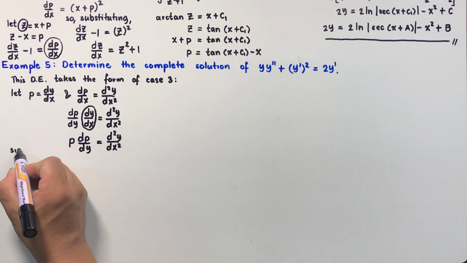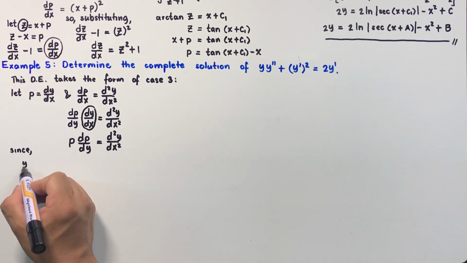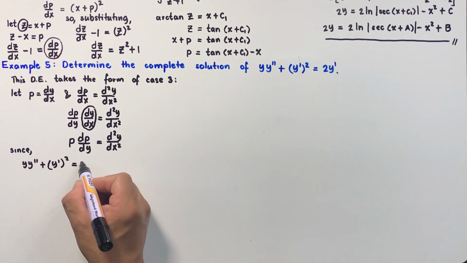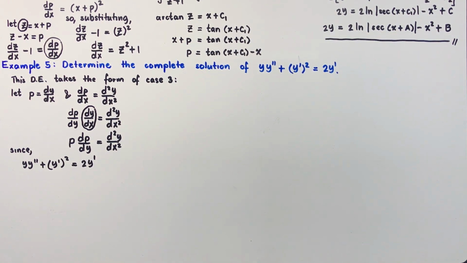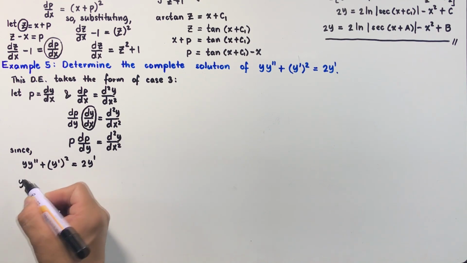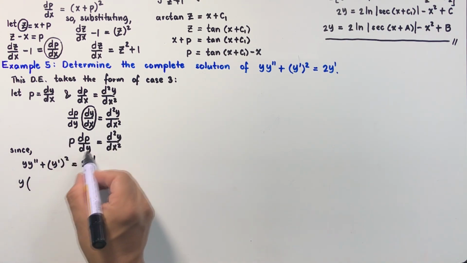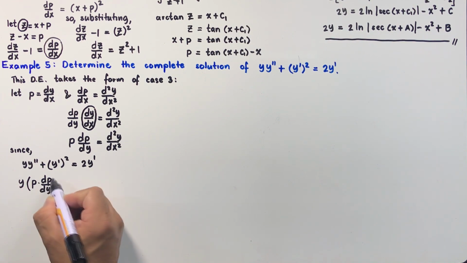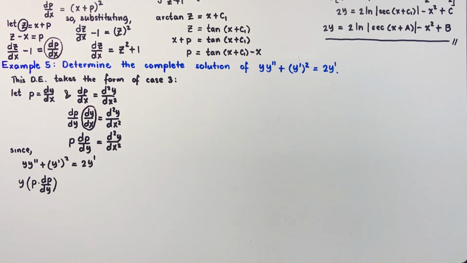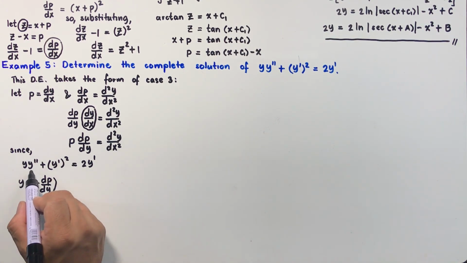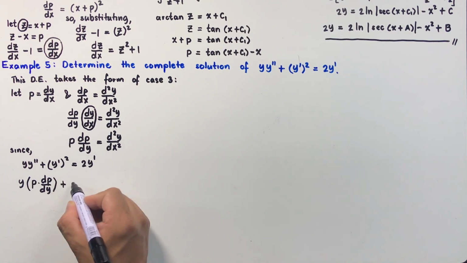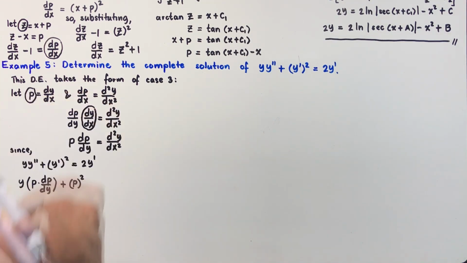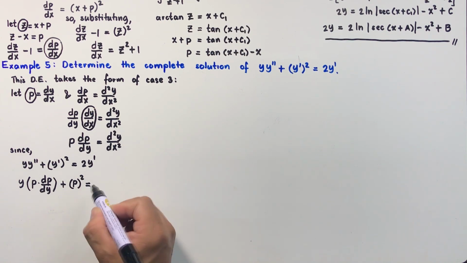Since our differential equation is y times y double prime plus the square of y prime equal to 2y prime, it can be rewritten as y times p times the derivative of p with respect to y, because this is y double prime, plus p squared, because y prime is our first derivative of y with respect to x, and this is equal to 2p.